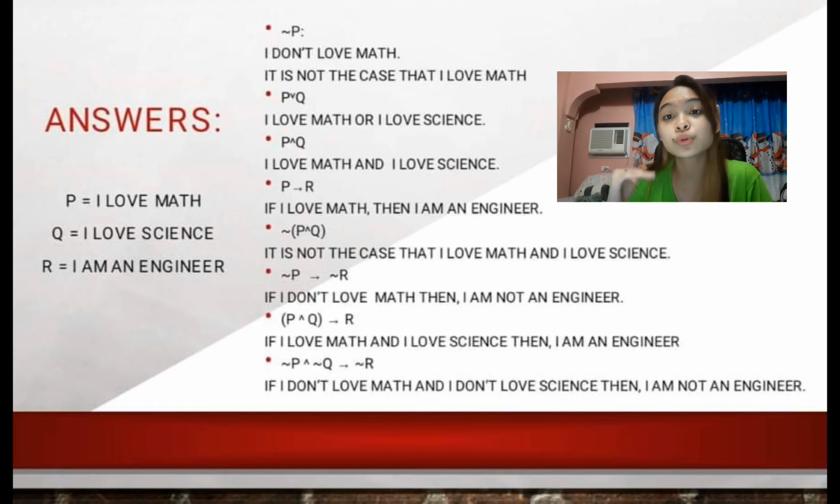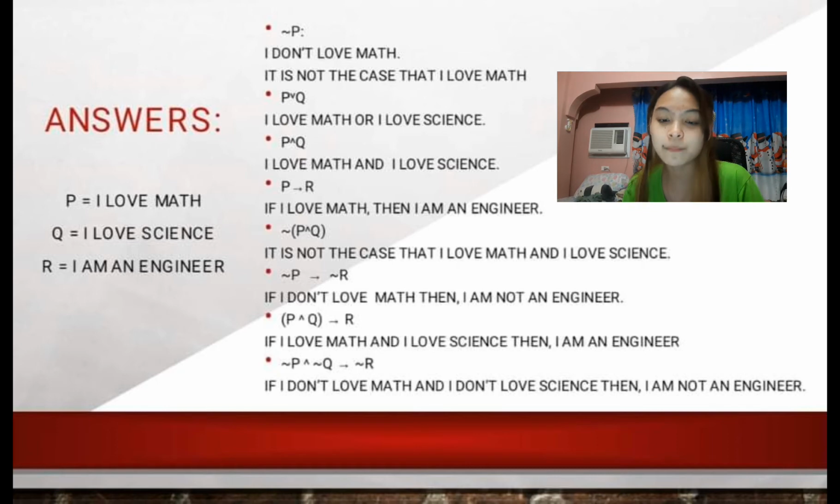Then you'll substitute R. R is I am an engineer. Then you look at if then: if in the first sentence and then in the next sentence. So if I love math and I love science, then I am an engineer.